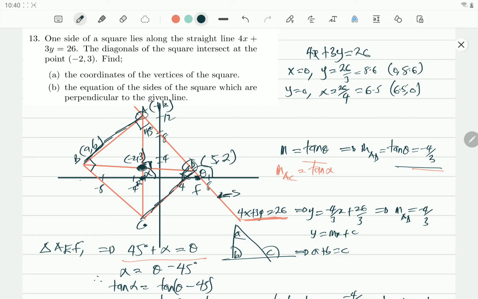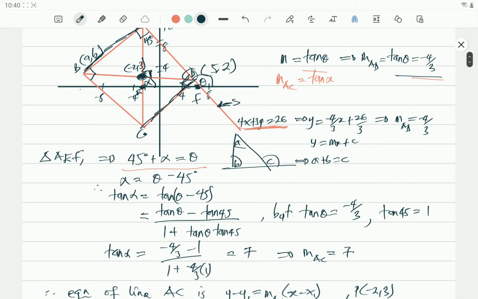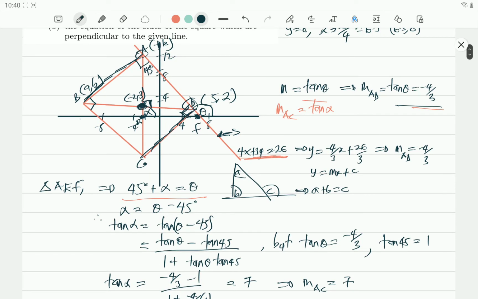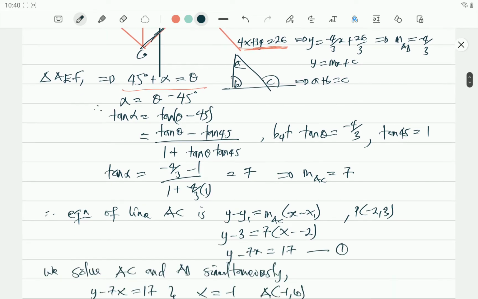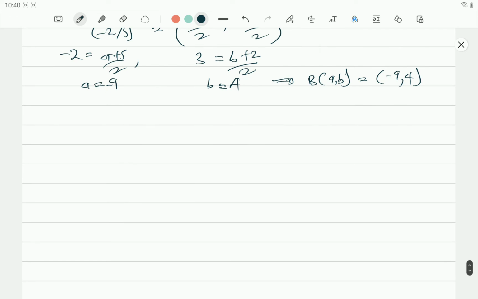So we have to find the equation of the line AB and the line CD, right? So we quickly go through that. Because they are perpendicular, the gradient of those two lines is the negative reciprocal of the gradient of the given line.